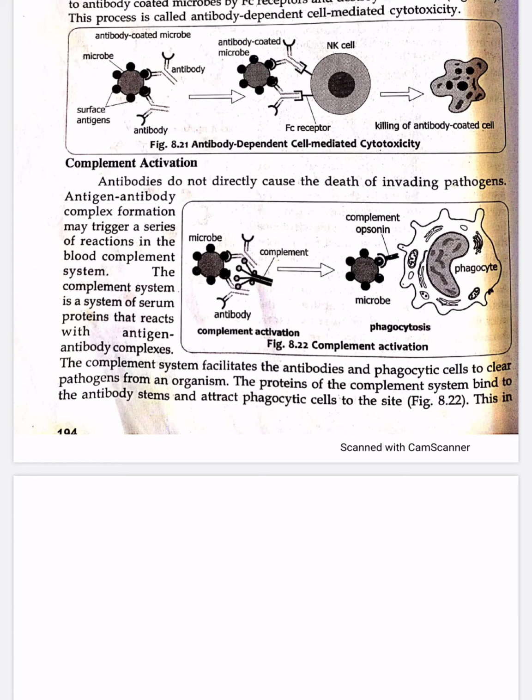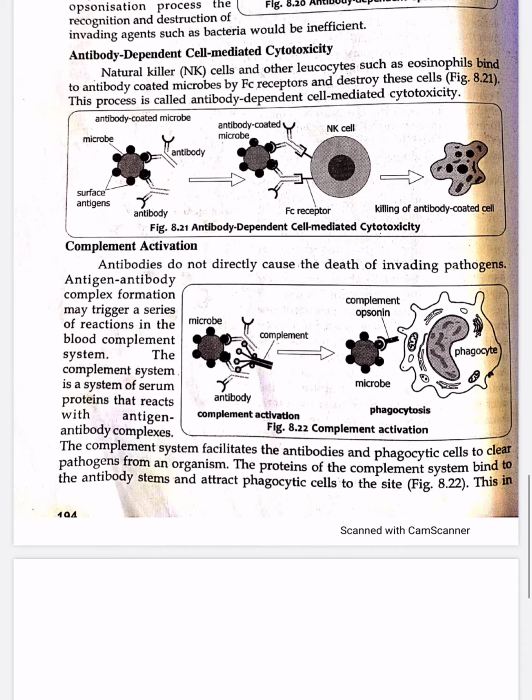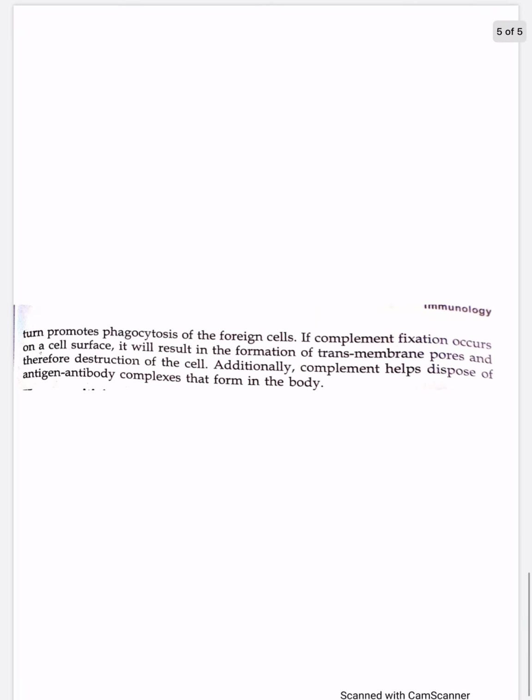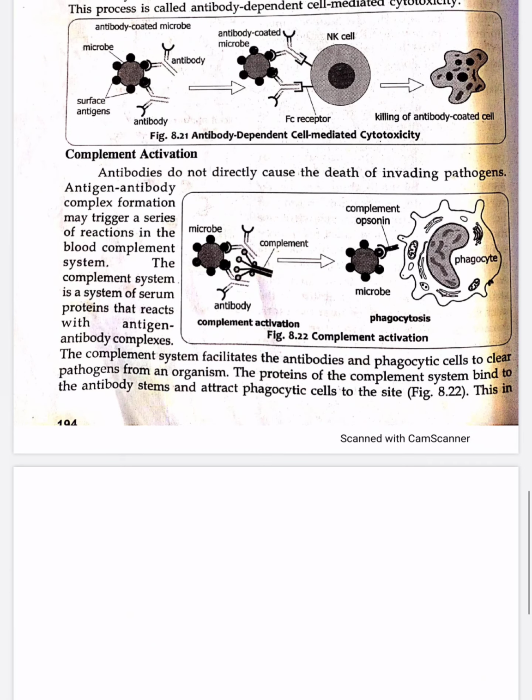So this is another function of antibody, that is to activate the complement. The antibody binds with antigen, and once the antigen antibody complex is formed, it activates the complement proteins present in the blood. So that was another function. We have discussed the fifth one. Now the last one is the complement reaction.